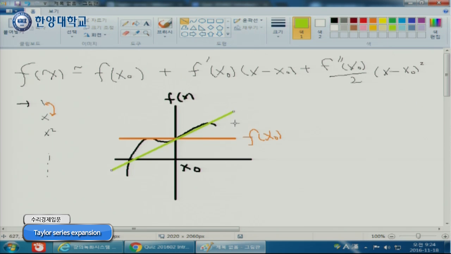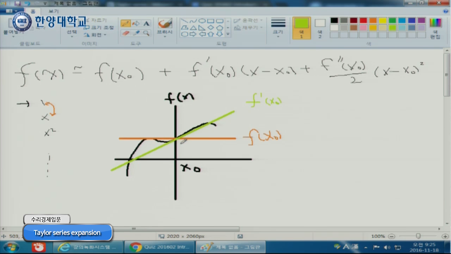And then the equation for this line is, well, it is tangent to this curve. So the slope of this line at x0 is f prime x0, right? The slope is f prime x0. So this is a linear line. Its slope is f prime x0, and it passes through the point x0, f(x0), right?